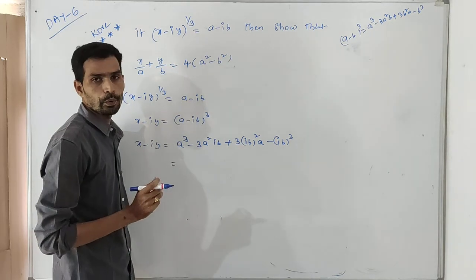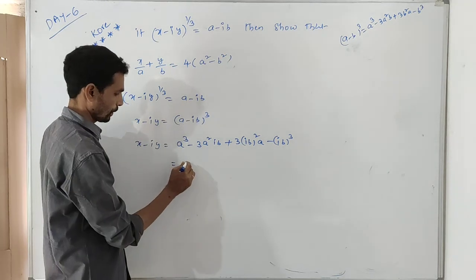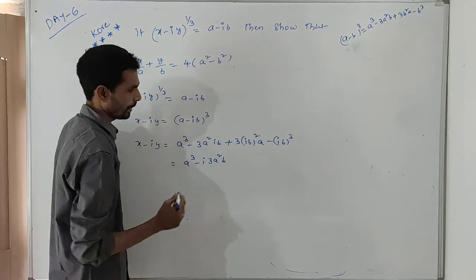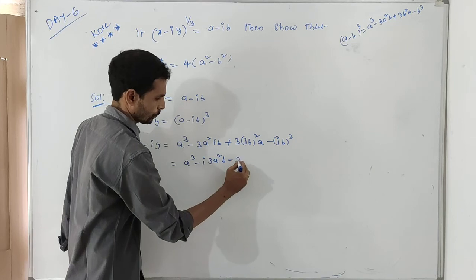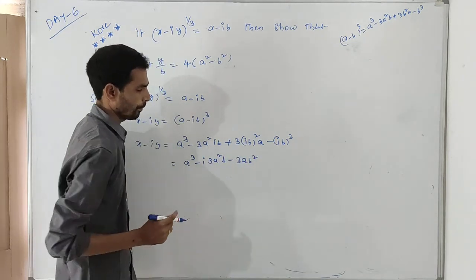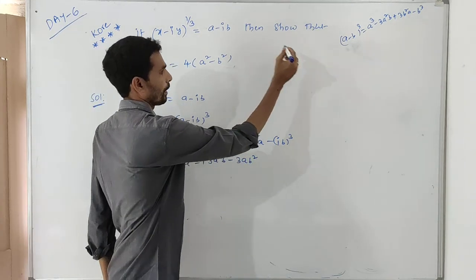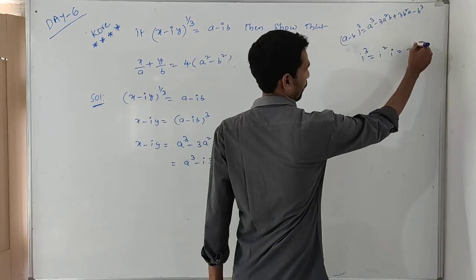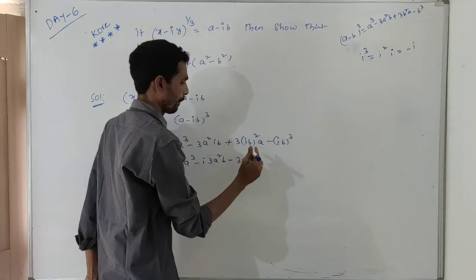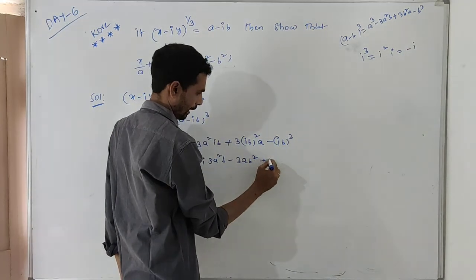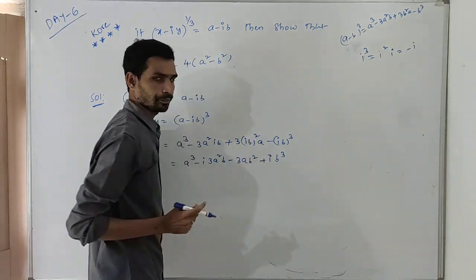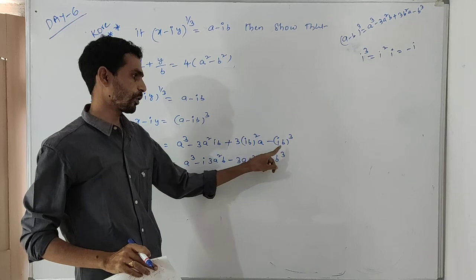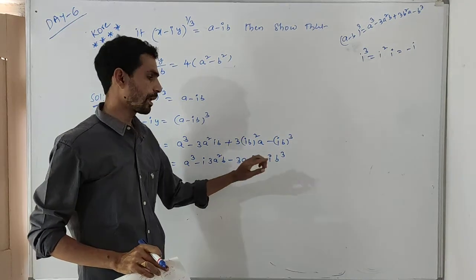Already we know i² value is −1. So a³ − i into 3a²b; and i² value is −1, so −3ab². I³ can be written as i² into i, and i² value is −1, so −i; minus into minus gives plus ib³.